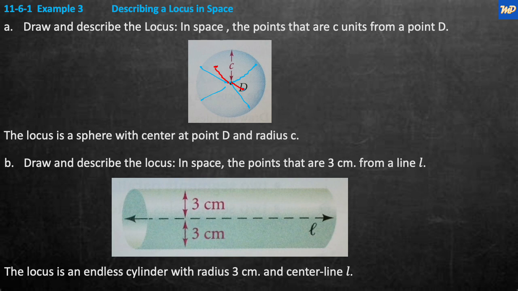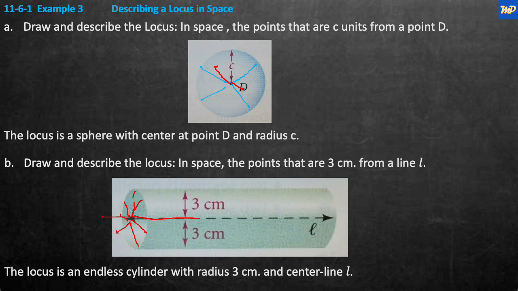And then B, draw and describe the locus in space, the points that are 3 centimeters from a line L. Well, if you go right here to the end, here's the line L, this dashed line is our line L. Okay. Well, 3 centimeters is up here. If you go around this from the end, you can kind of see it. It's created a cylinder. So all the dots going around are a cylinder, and they can fill in all the way around. That's forever.